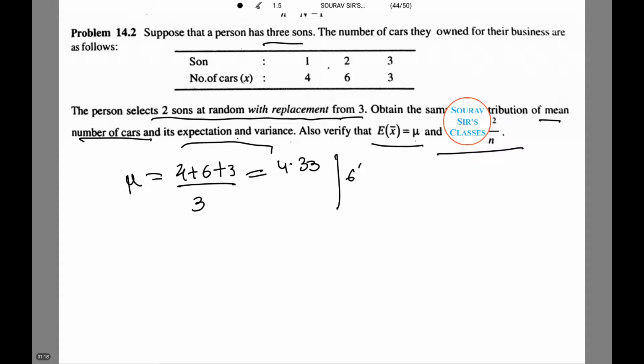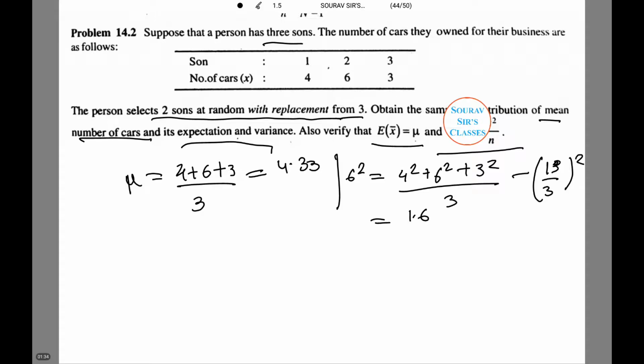Now doing the same for sigma square, which is equal to 4 square plus 6 square plus 3 square whole divided by 3 minus 13 by 3 whole square, which is equal to 1.6. Here the total number of possible samples equals 3 square, which is equal to 9.